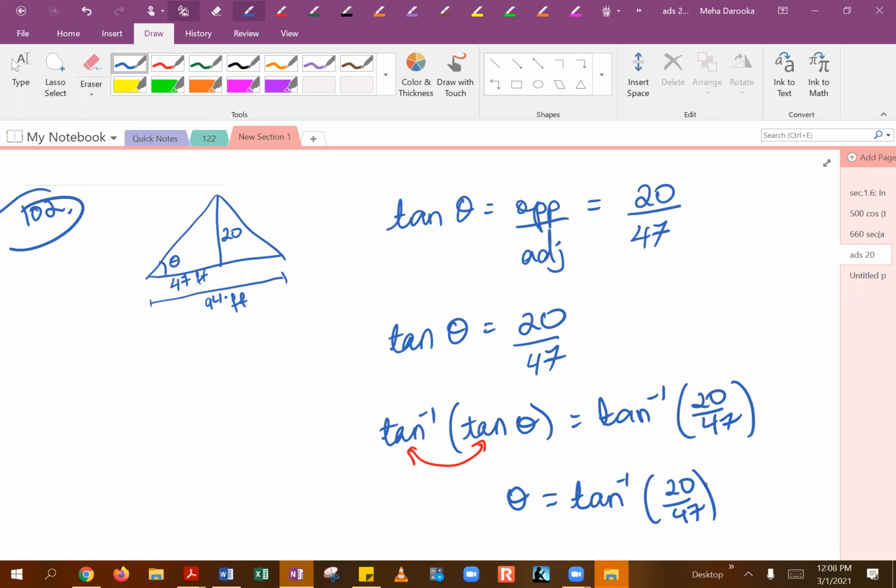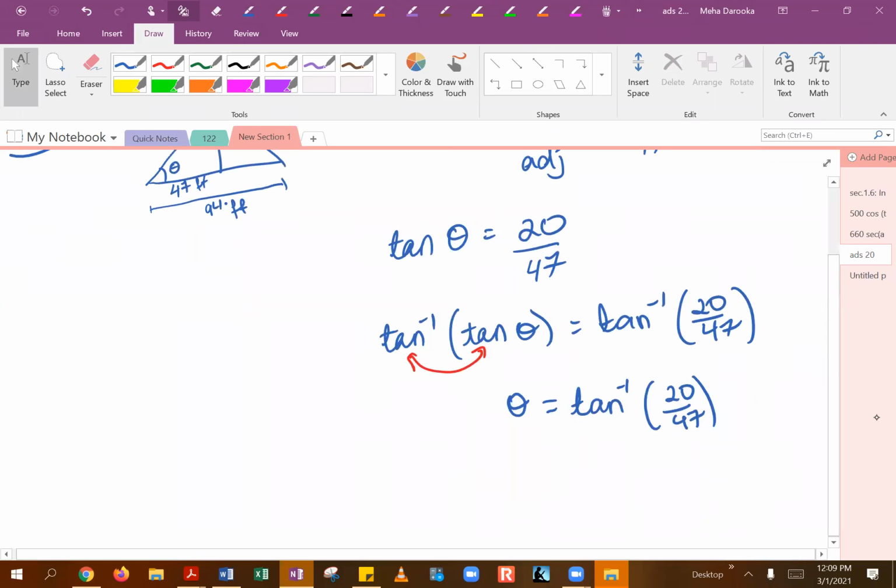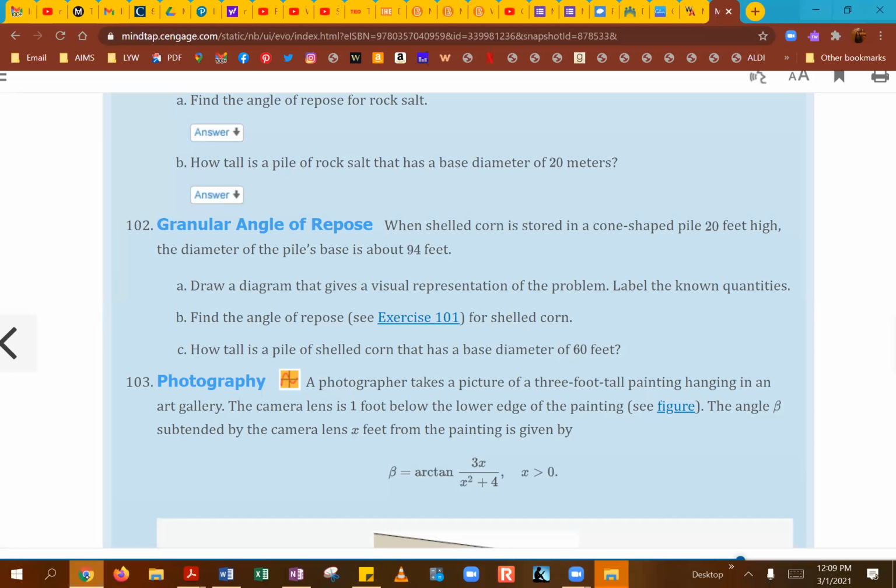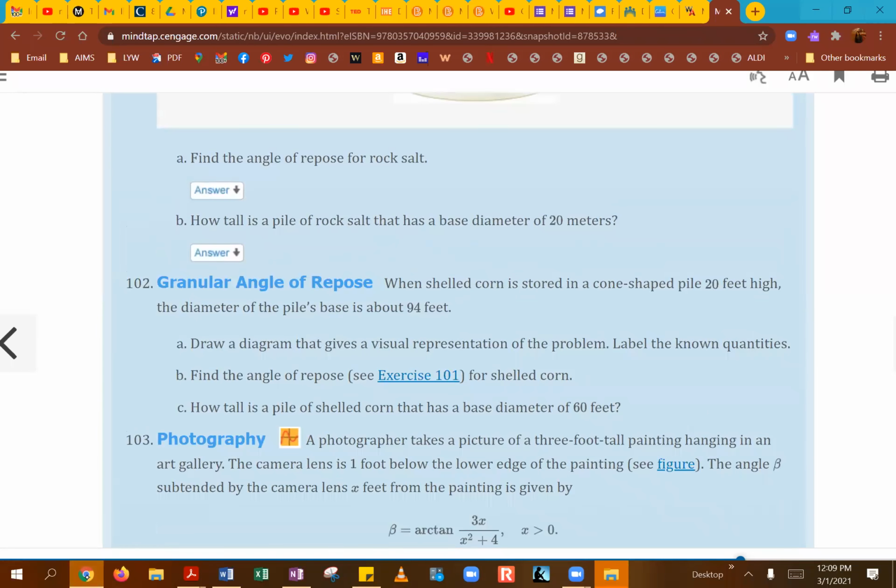If your homework says more, then you can do more decimal places in homework. And remember, this is where you are using that tangent inverse function on top of the tangent key in your calculator. Just make sure you are in the right mode.